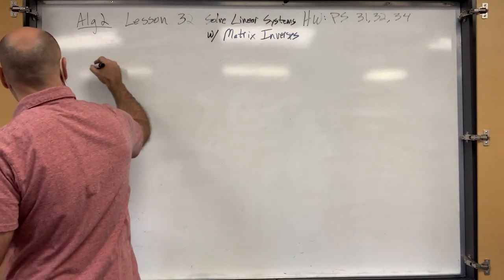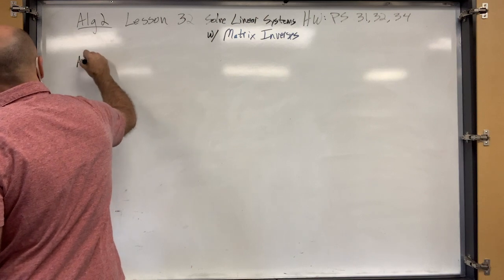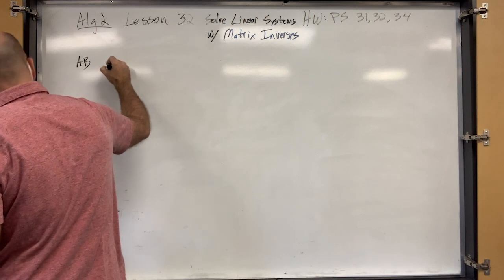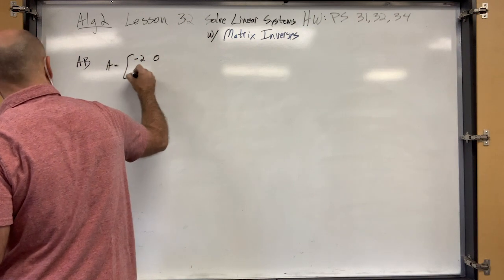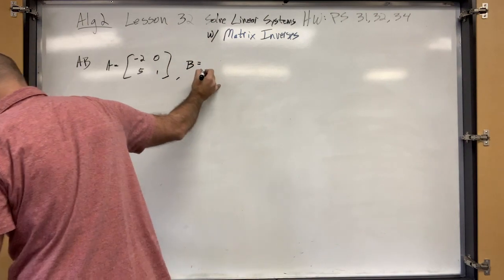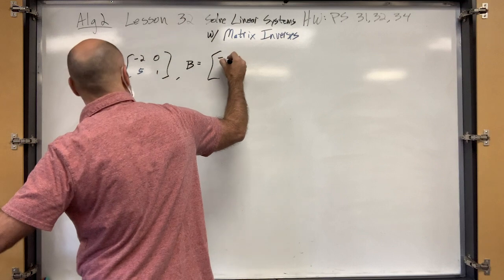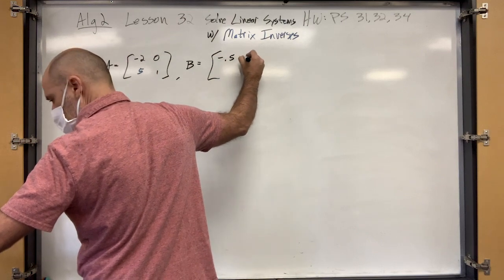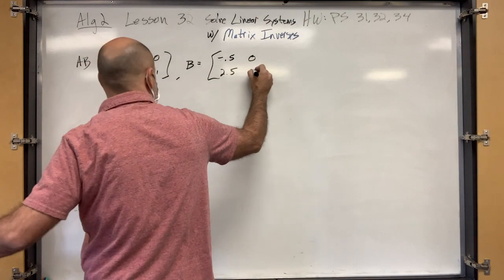So here's just a really quick warm up. AB, if A equals -2, 0, 5, 1, and B equals -0.5, 0, 2.5, 1.